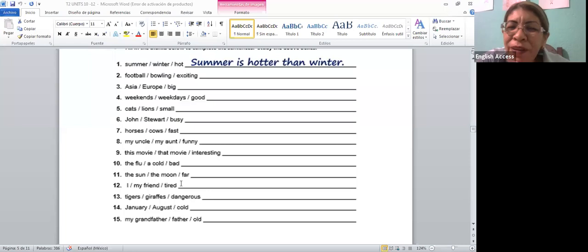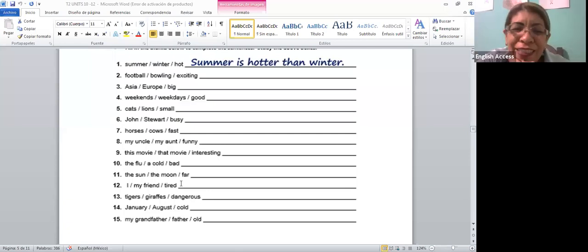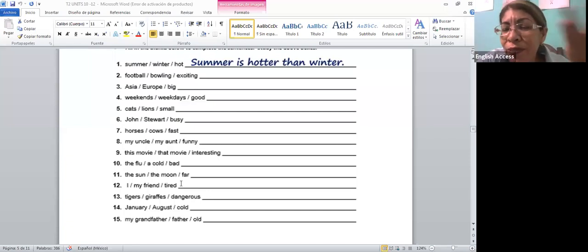Okay. Number 13, tigers and giraffes. Dangerous. Tigers are dangerous than... We are comparing. What do you need to compare?